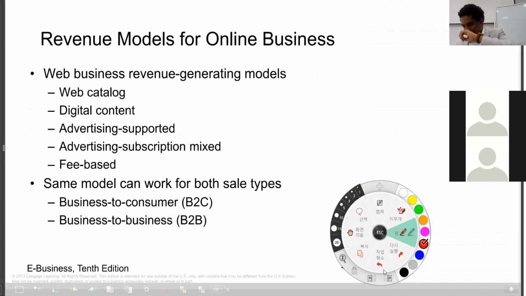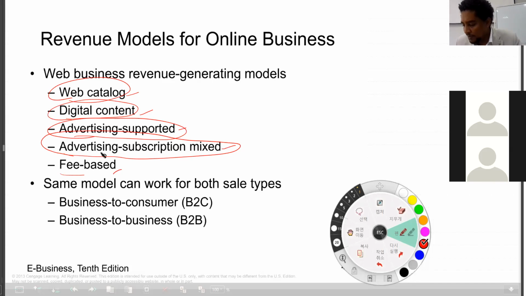Okay, so revenue models for online businesses. Web business revenue generating models could use web catalog, digital content. So these are different revenue models. We have web catalog, digital content, advertising supported, advertising subscription mixed, and fee based.